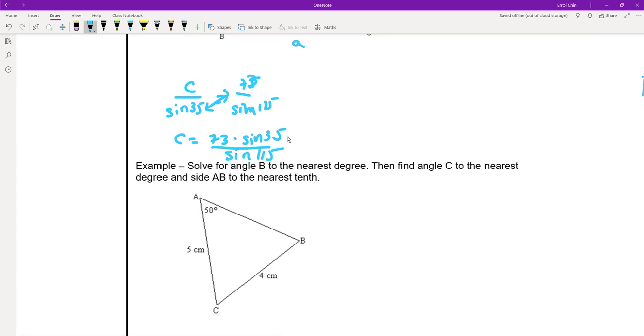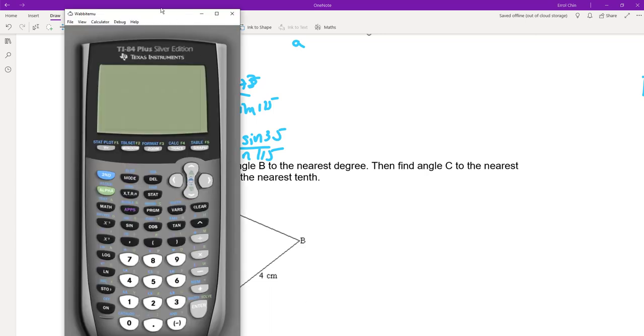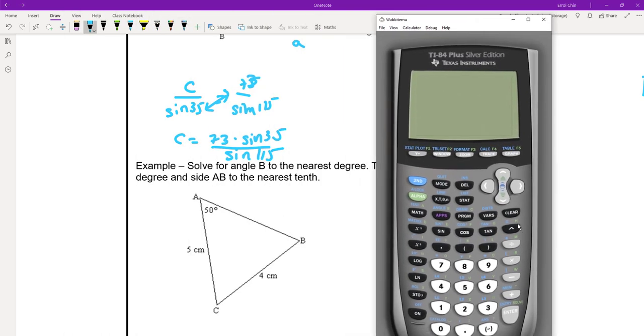Now, you've got to be extra careful using the calculator. Again, here's my calculator. Make sure it's in degree mode, and let's turn it on. So here we go. I always do this. Bracket, in the numerator, 73 times sine 35.